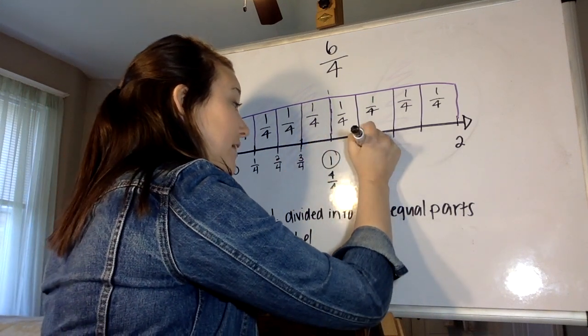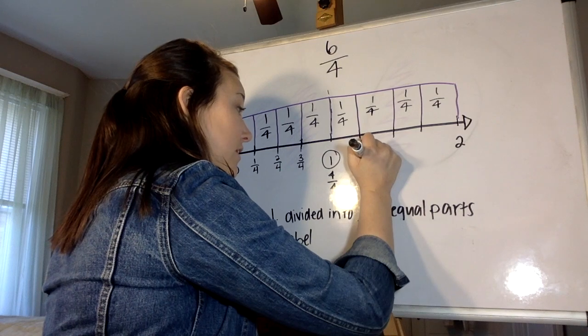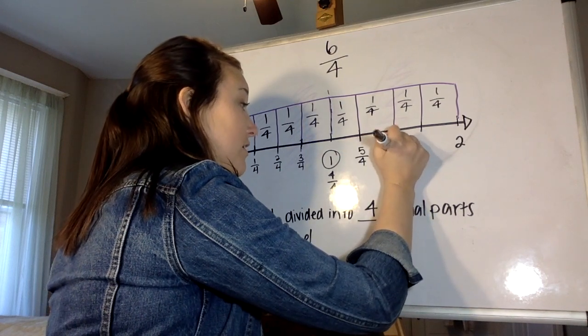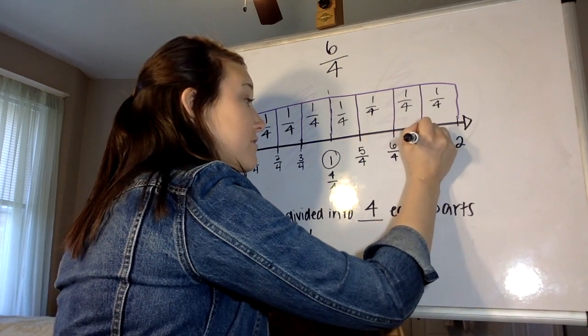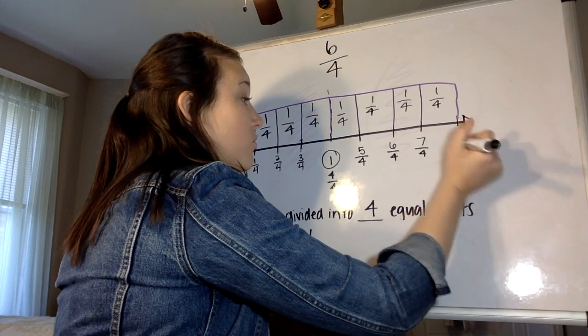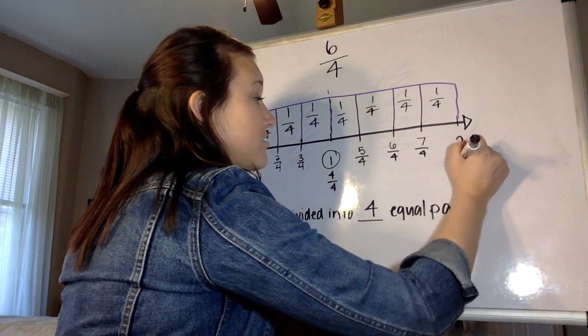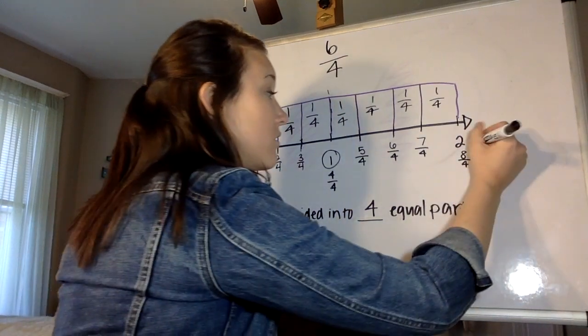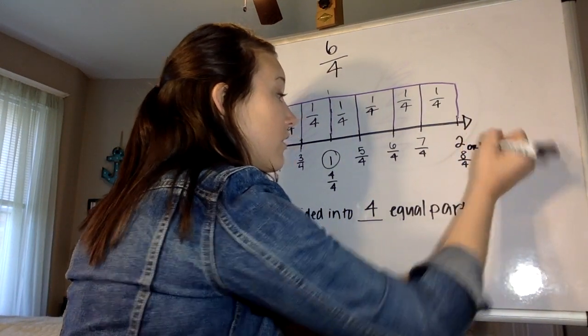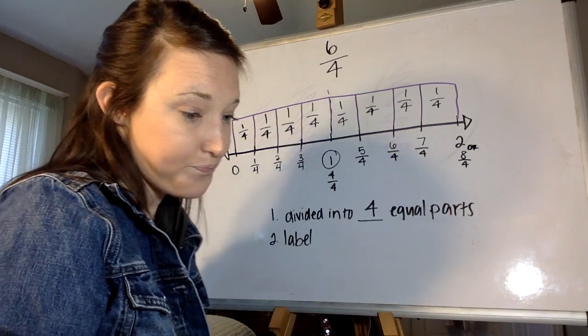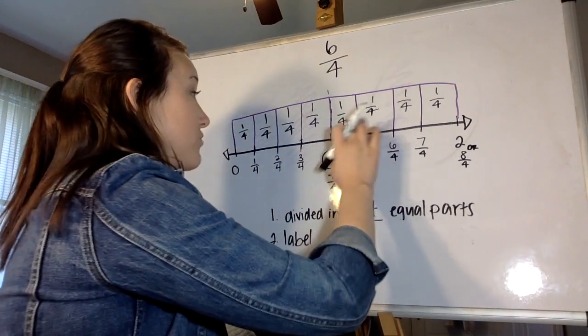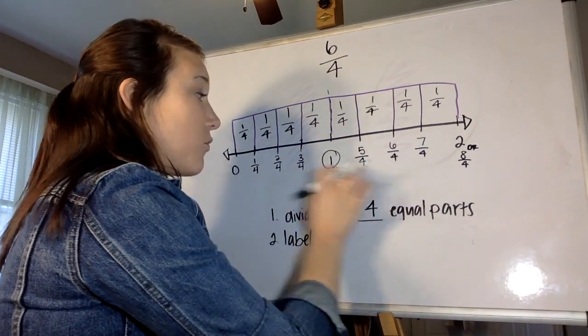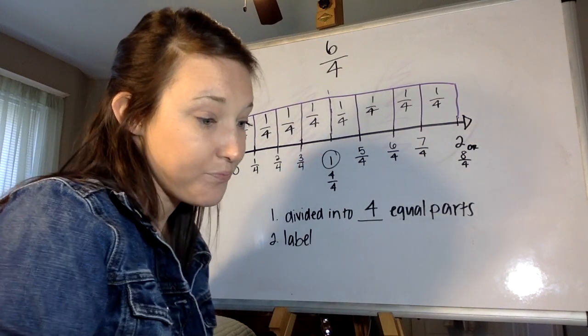Go to my next tick, and that gives me 5/4, 6/4, 7/4, and then 2 wholes, or 8/4. Okay? And that's just from counting my ticks away from 0, okay?